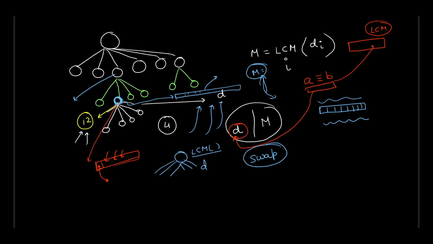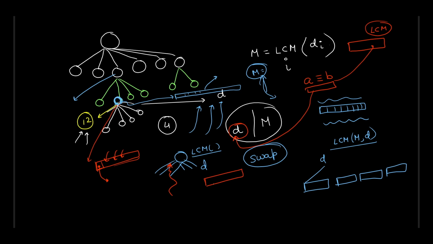Otherwise, if it doesn't divide it, then of course you have to split it into several smaller buckets and send it down to each child, and each child will receive the LCM of whatever M is currently and whatever D is currently. So you might think that this is a very minor optimization that depends on luck. Sometimes we might get lucky and not have to look into that bucket, and sometimes we might hit the worst case scenario and actually have to look into the bucket each time.